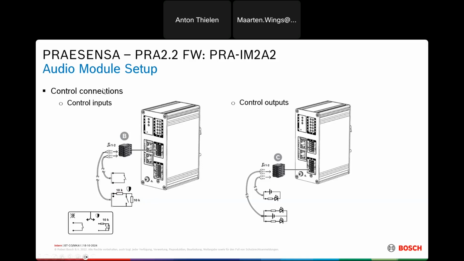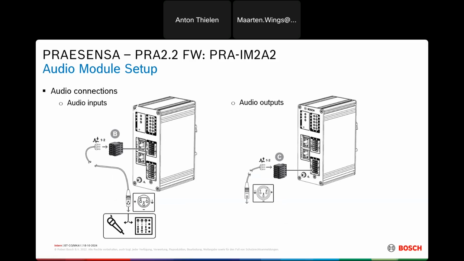The control outputs are at a larger connector at the lower side, where you can connect something which you want to activate by the control outputs. That could, for example, be an LED, but you can also have another unit triggered by these control outputs.